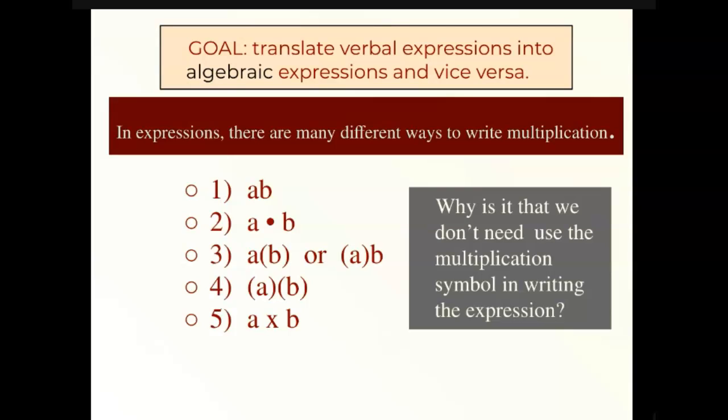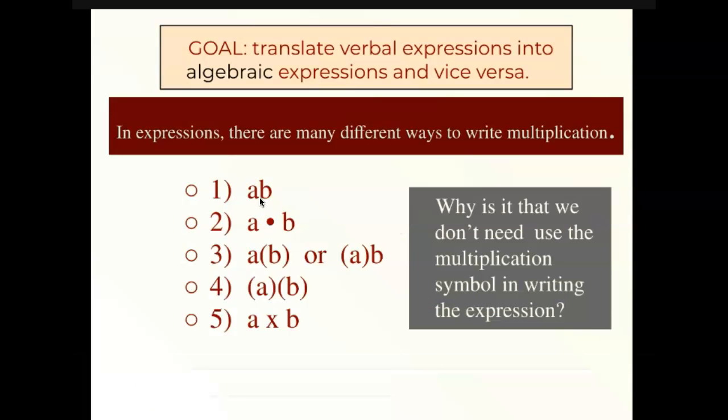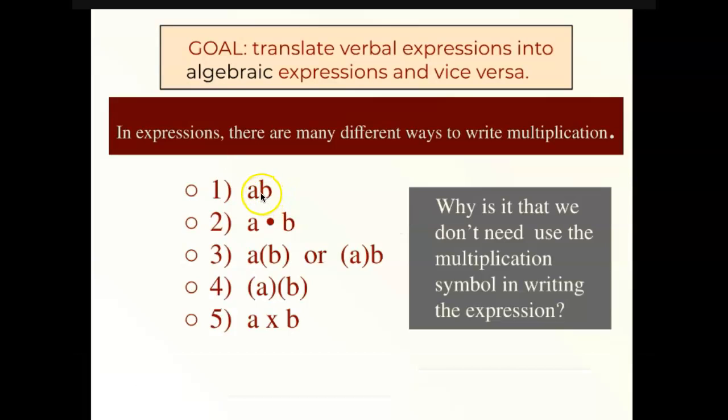Ryan said he forgot. It's because we simplify them. Like for example, the first one, AB. We know that when those two variables are next to each other, the process is multiplication. So a variable next to another variable means you multiply those two variables, unless there's a plus in between, and then you're adding them.